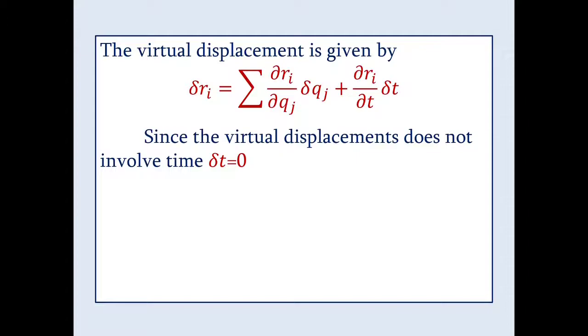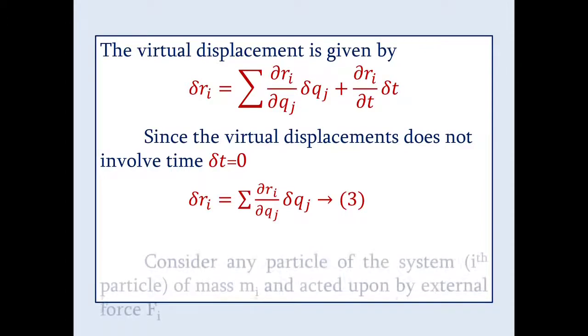But we know virtual displacements do not involve time, so we can write delta t equal to 0. So we get delta ri equal to the sum over j of dou ri by dou qj into delta qj, since the last term becomes 0. Let us name this equation 3.